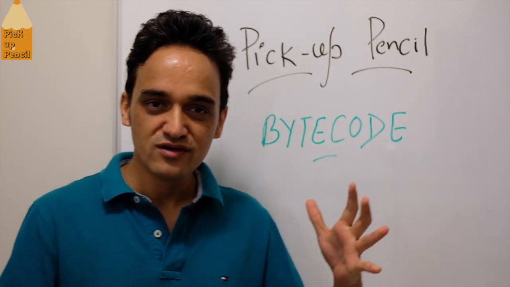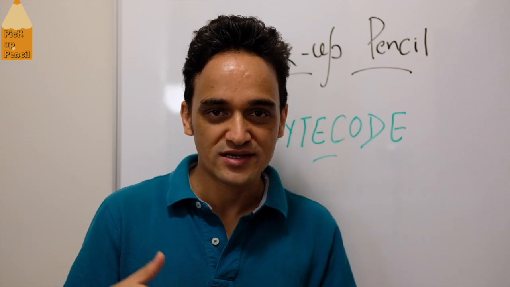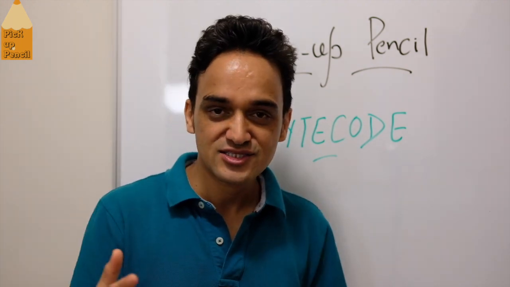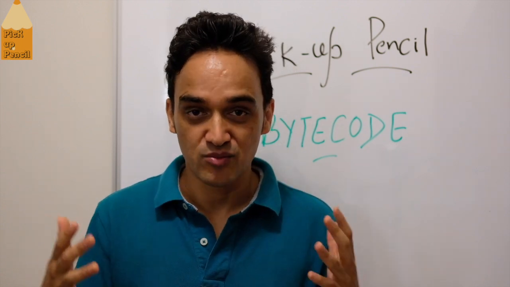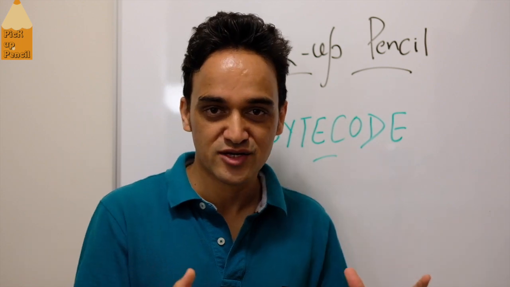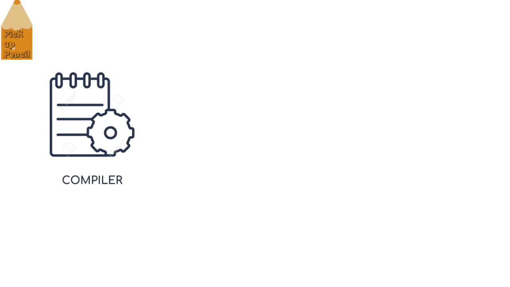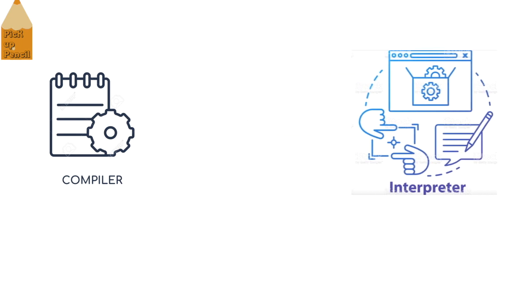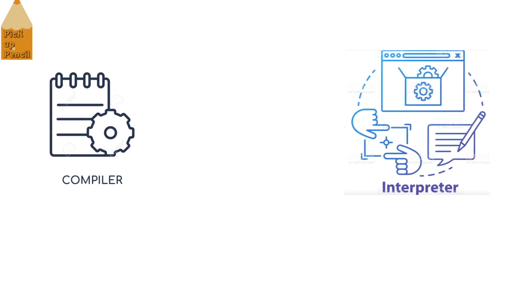Before getting into what bytecode is and how it gets generated, let's look at two other software components which make this bytecode a magical code. First is the compiler, which generates the bytecode or the machine code of our Java program, and the second is the interpreter, which actually executes the bytecode on the system.